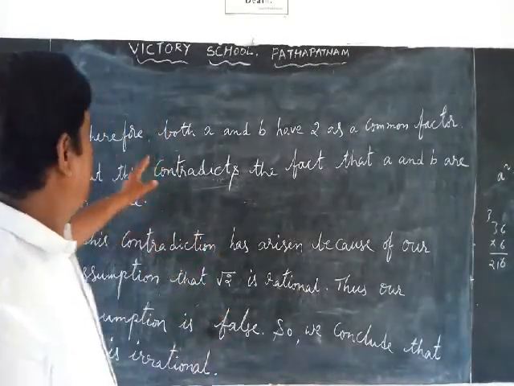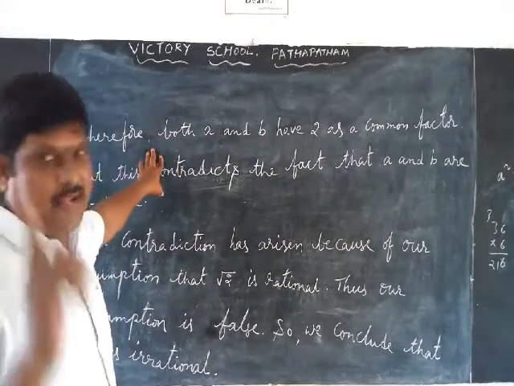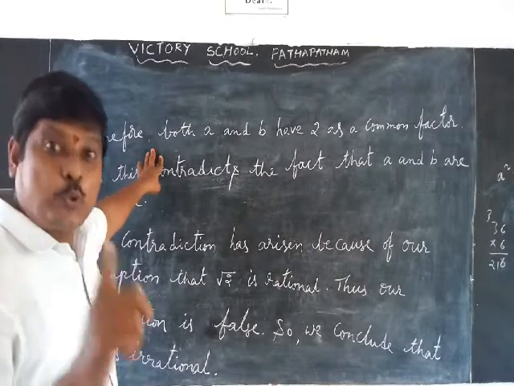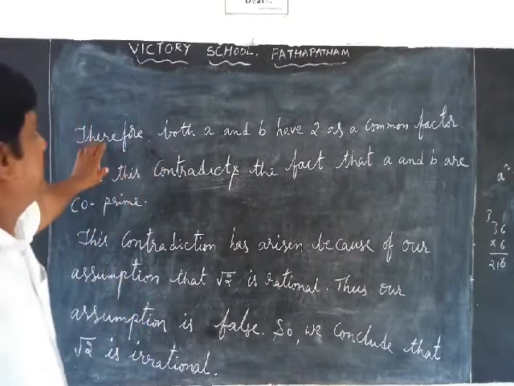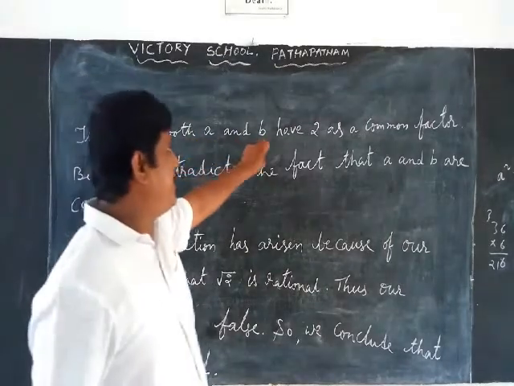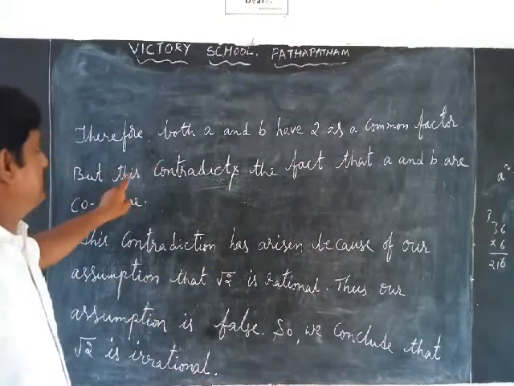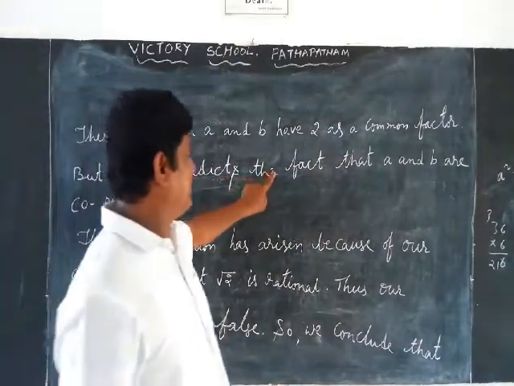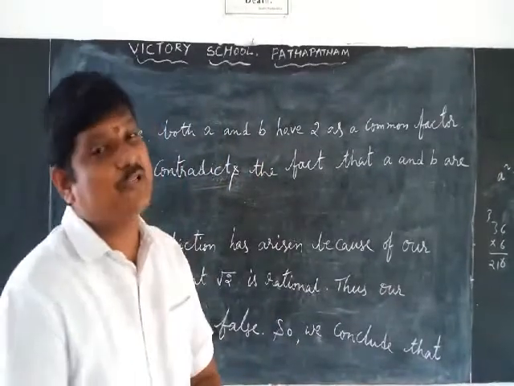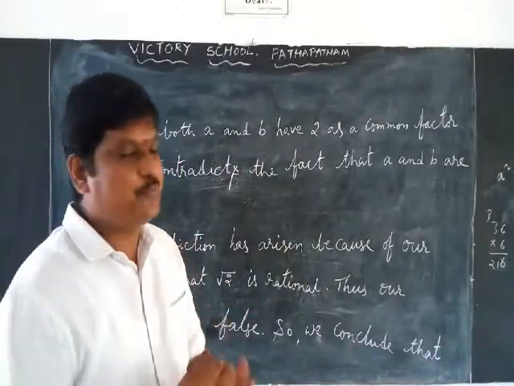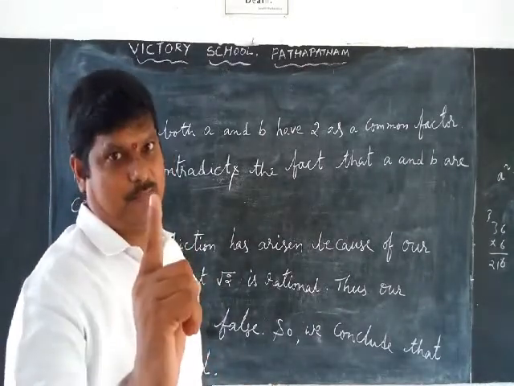So here 2 divides a square and a. At the same time 2 divides b square and b. Therefore both a and b have 2 as a common factor. But this contradicts the fact that a and b are co-primes. What is meant by co-primes? Very simple. Co-primes means the only common factor is 1.